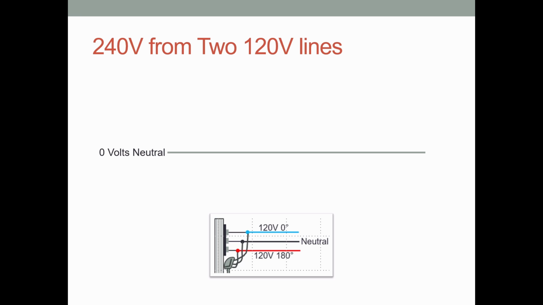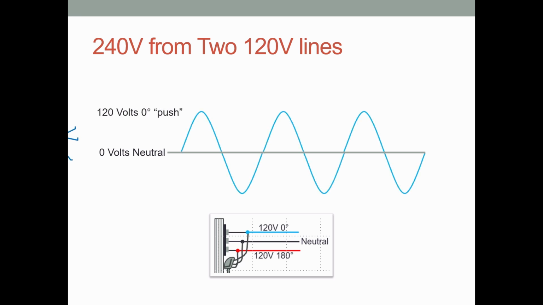What does it mean that the red and blue wires are generated 180 degrees out of phase with one another? The blue wire's electricity is generated at a voltage of 120 volts at a phase angle of 0 degrees to the neutral wire. So any plug, fixture, or appliance that requires 120 volts is connected to the blue wire or the red wire and a neutral wire.